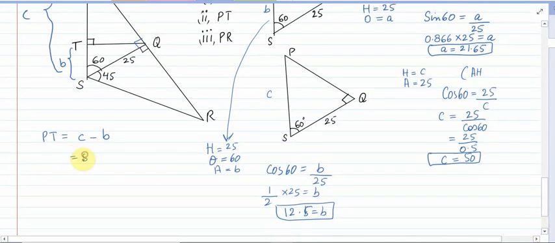C is 50 and B is 12.5. 50 minus 12.5, it's 37.5.